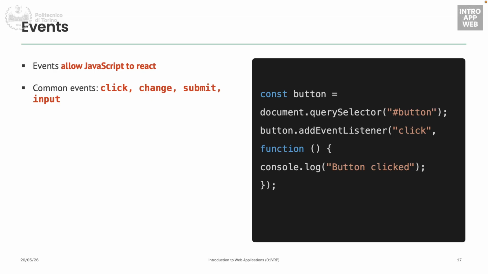When the user is writing something, no? Have you seen those pages where you start writing, and depending on that, it starts filtering the contents, or showing suggestions, or auto-completing something? So it is done by using JavaScript, which detects a specific action from the user, that is, he's writing something in an input, and depending on the value that the input is getting at each moment, it performs some action.